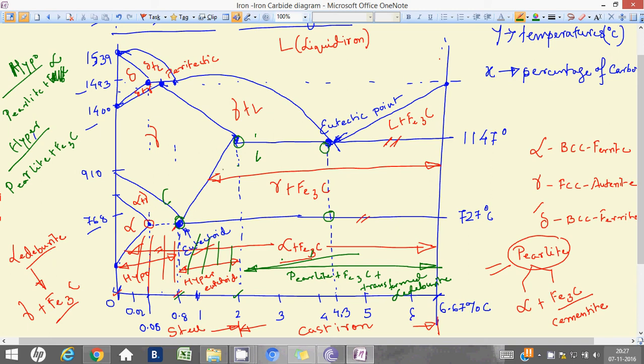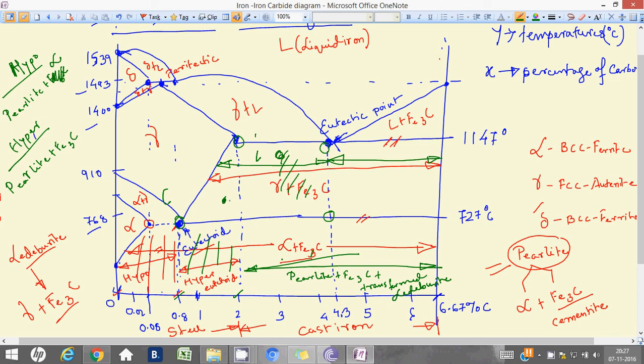If we make it into two parts, with these 2 points, what we can see is that, though both parts are ledeburite plus Fe3C, this part is gamma plus Fe3C.